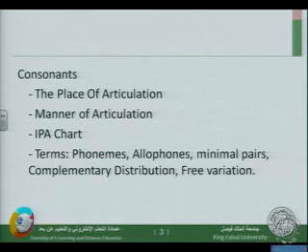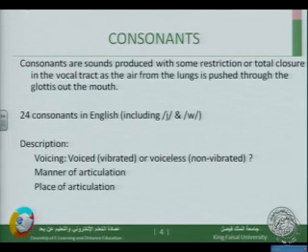Also we will learn what the IPA Chart is, and some terms like phonemes. You know what phonemes are, right? It's the smallest sound unit in the sound system. Also allophones, minimal pairs, complementary distribution, free variation. What do these terms mean? مصطلحات.